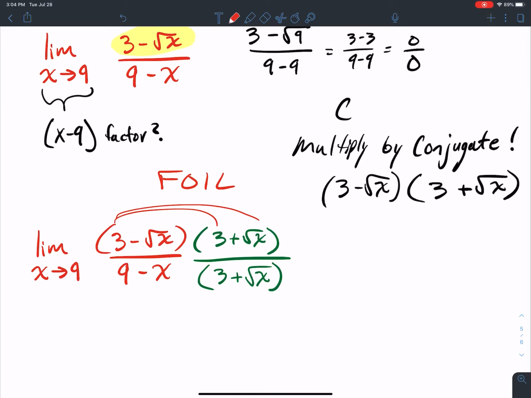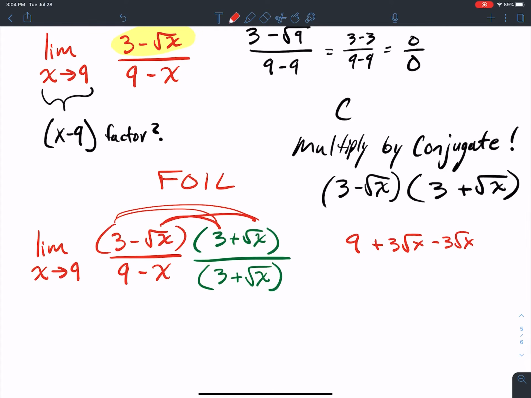Whenever I do this, I need to use FOIL: first, outer, inner, last. First is 3 times 3, which is 9. Outer is 3 times the square root of x, so 3 square root x. Inner is negative square root x times 3, which is -3 square root x.